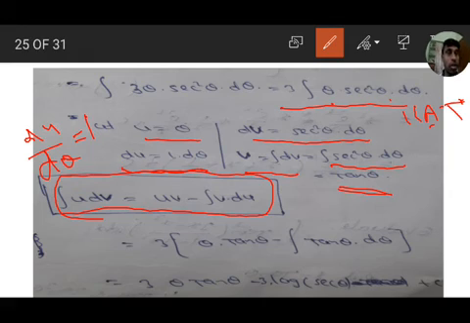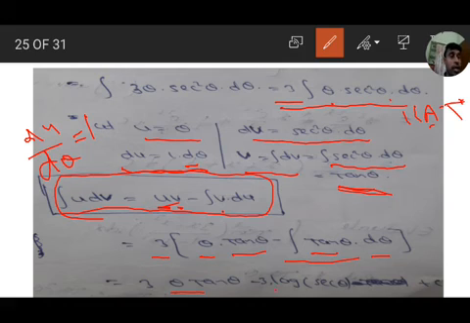So 3 is as it is outside. Integration of u dv means theta, u, and v means tan theta, into tan theta, minus integration of v means tan theta, and du means 1 into d theta, that is d theta. So 3 into theta into tan theta minus 3 into integration of tan theta.